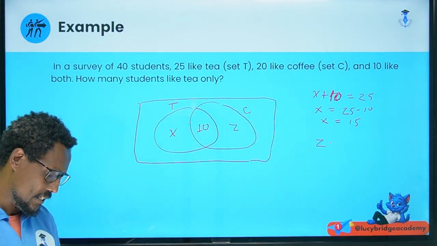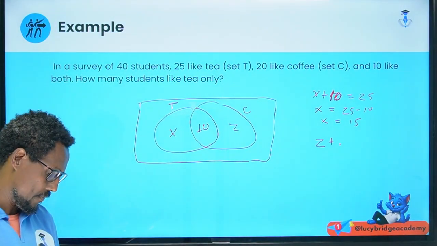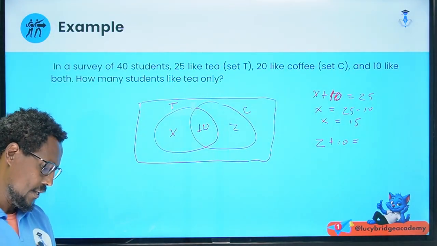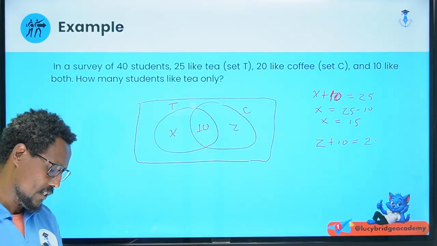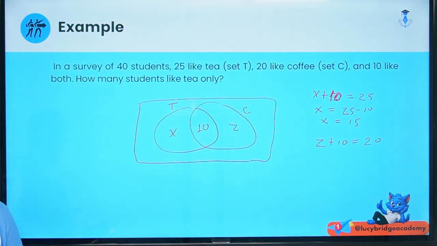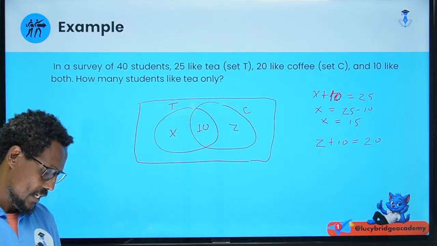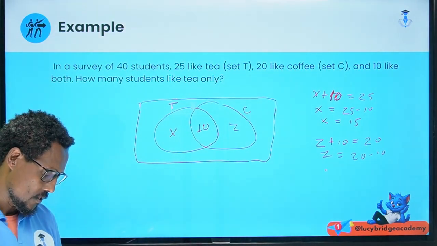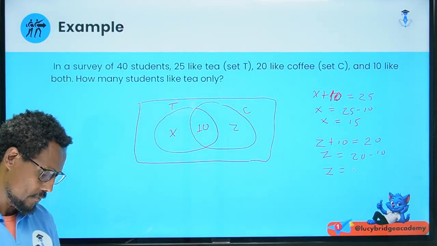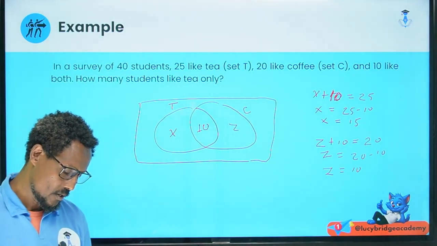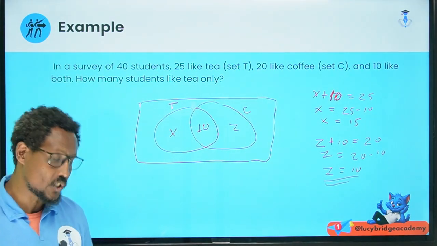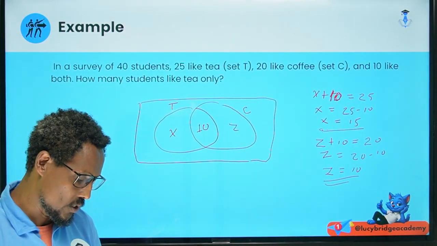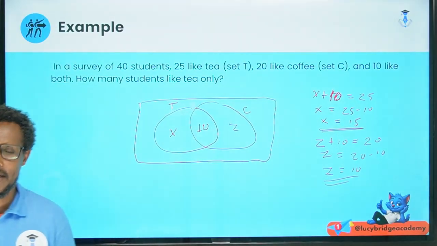Z plus 10 is equal to 20. That means 20 students like coffee, right? That means Z is equal to 20 minus 10. So Z is equal to 10. So Z means those students who like only coffee, and X means those students who like only tea, right?